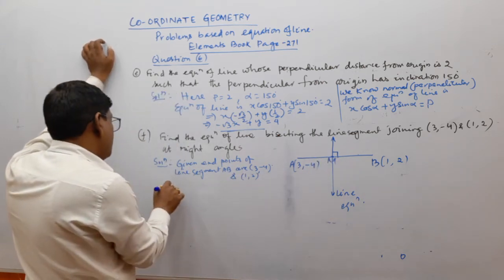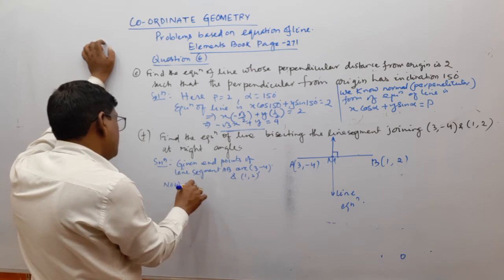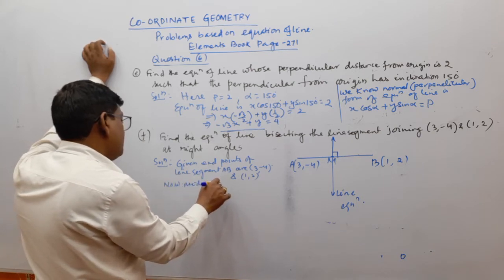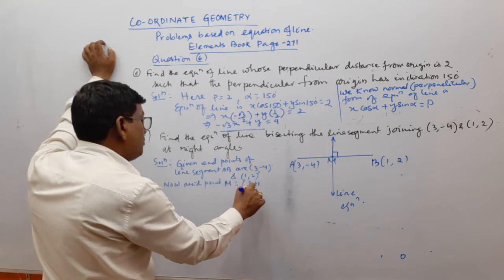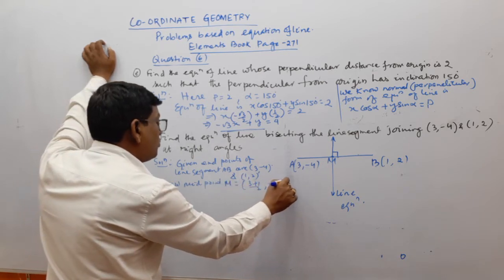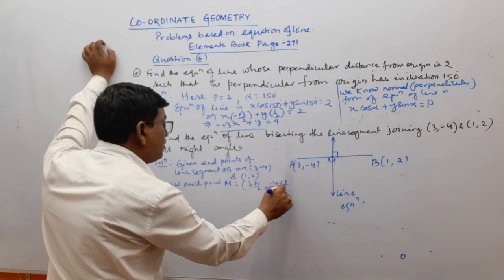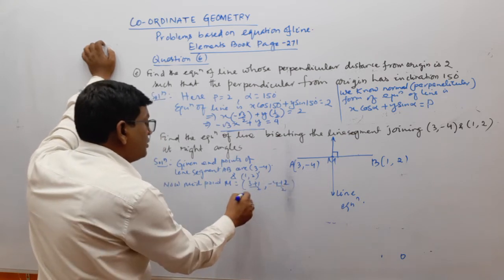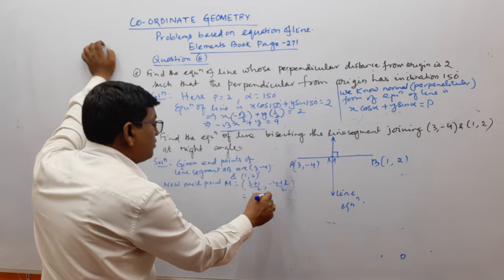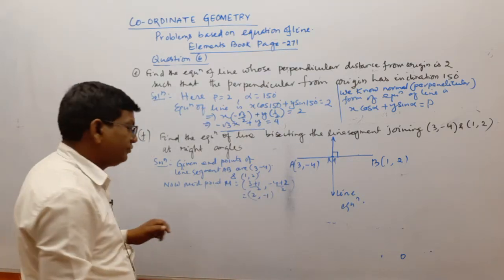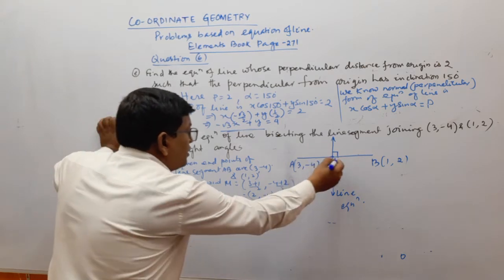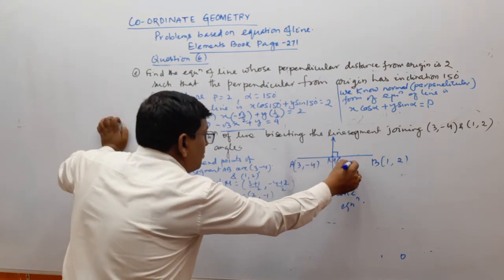Now the midpoint M is equal to 3 plus 1 by 2, minus 4 plus 2 by 2. That is 2 and -1. This is one point on the line, 2, -1.